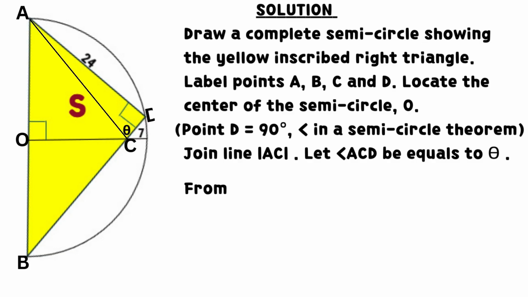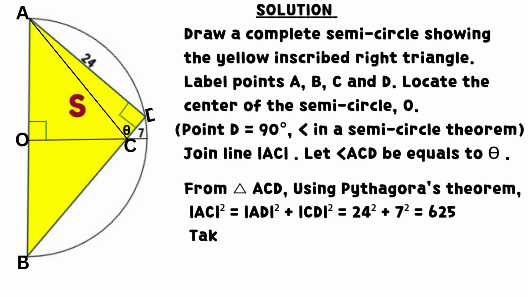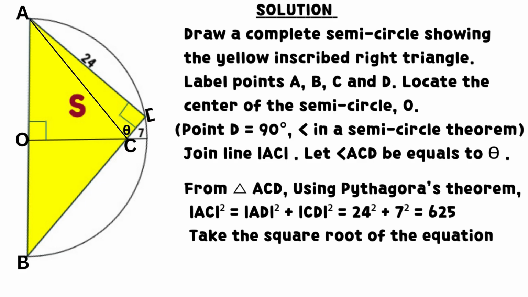From triangle ACD, using Pythagoras theorem, the square of line AC equals the sum of the square of line AD and the square of line CD, which equals the square of 24 plus the square of 7. The result is equal to 625. Take the square root of the equation.